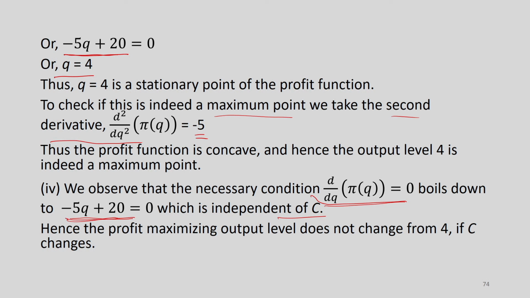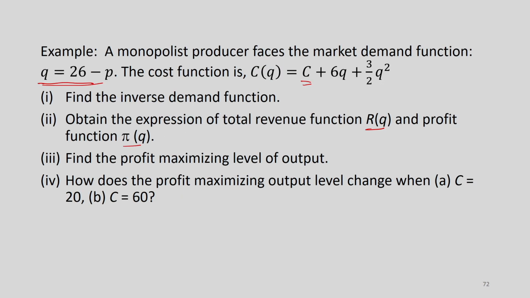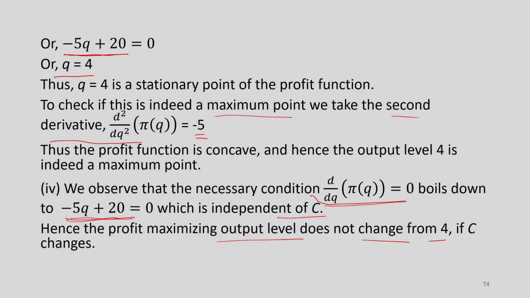So, it is independent of capital C. Hence, the profit maximizing output level does not change from 4 if capital C changes, right. So, if the fixed cost changes as it is written in the question from 20 to 60, it does not make any difference to the profit maximizing output level, it remains at 4.